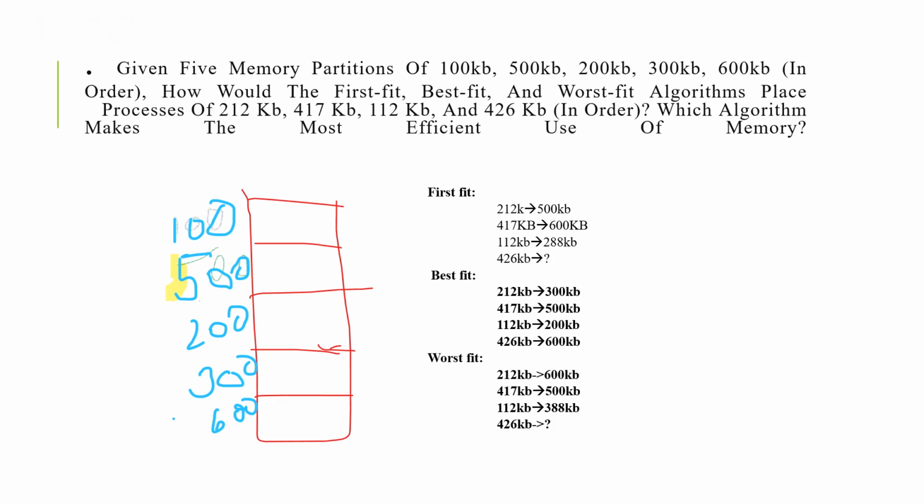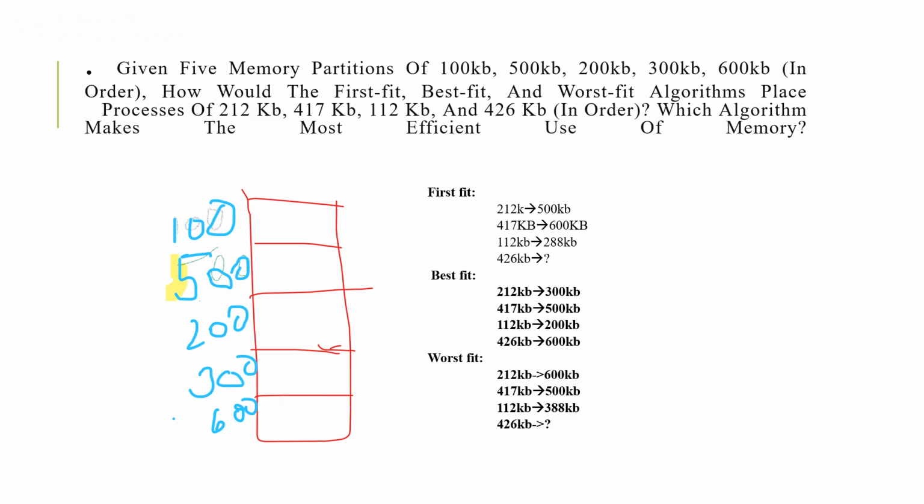So in this case, the process of 212 KB will be placed in which location? Is it 100, 500, 200, 300, or 600? You can find that 212 KB is larger than 200 and smaller than 300. So it will be placed in the best fit hole, that is 300 KB.